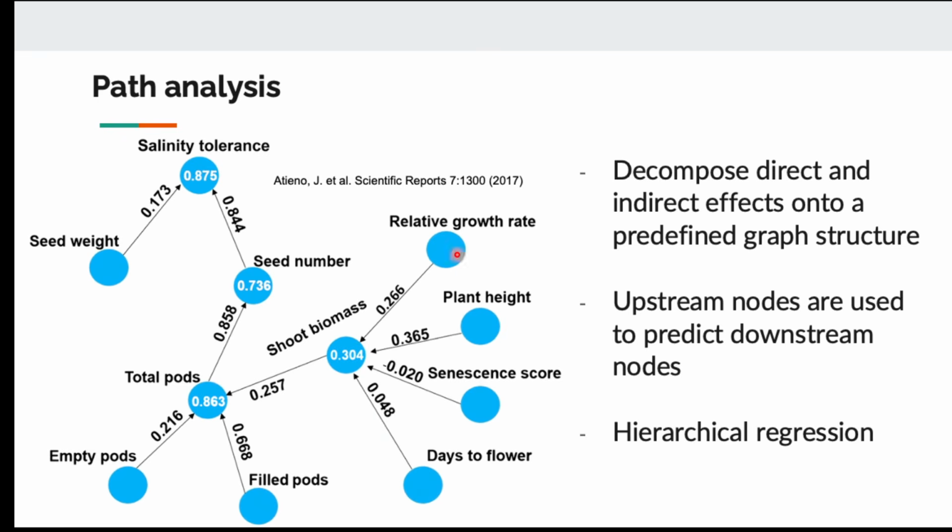So in this case, the growth rate of the plant explains the biomass with an importance of 0.266. The height of the plant is important to identify the biomass of the plant. But the days to flowering doesn't really affect how much biomass is produced. So these diagrams can help us identify mechanisms, relationship between the parameters in our phenomics data.